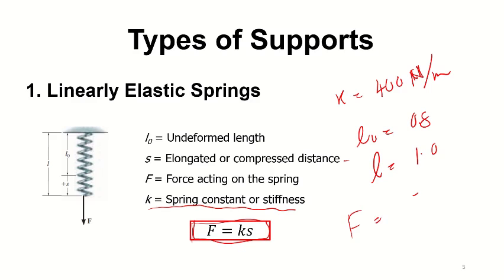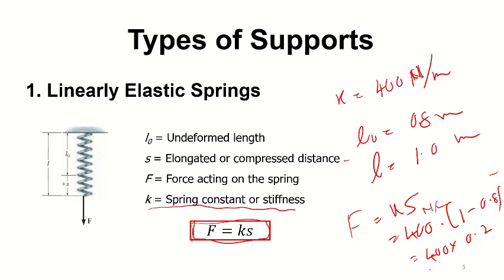F is equal to Ks, so K is 400 times S, which is 1 minus 0.8, so 400 into 0.2. 400 is Newton per meter, and this one is in meters, so it is 80 Newton. So you need 80 Newton force for this elongation.